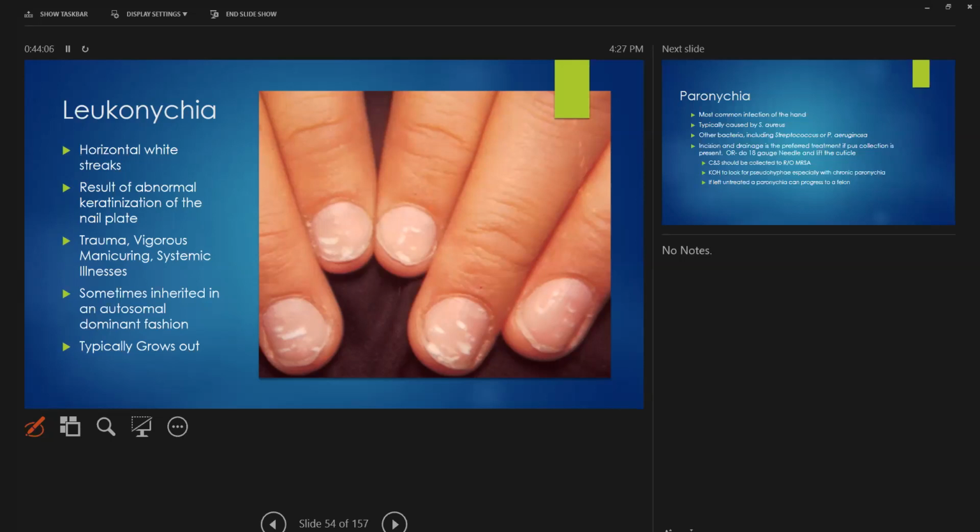I have some on my nails just from working on my car and who the heck knows, little traumas that occur. But anyway, can be a sign of problems if they're persistent and they continually are happening. You might want to go looking for badness. Otherwise, there's probably a story to go with them.